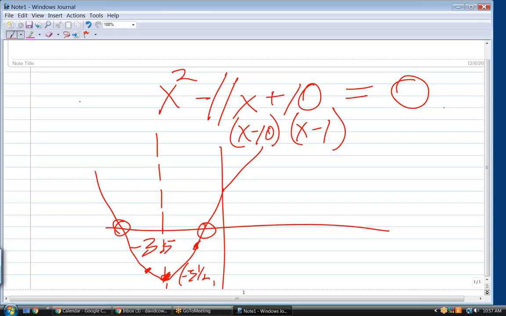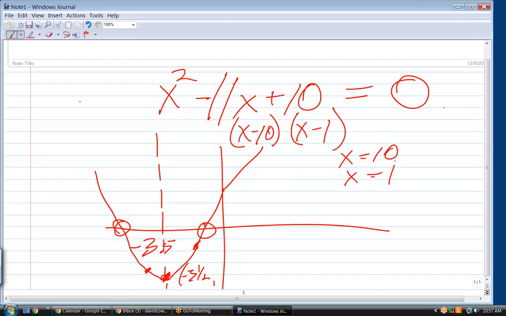And what does that tell me my two x-intercepts are? They are 10 and 1. So they are (10, 0) and (1, 0). Correct. In other words, my x-intercepts are 10 and 1.